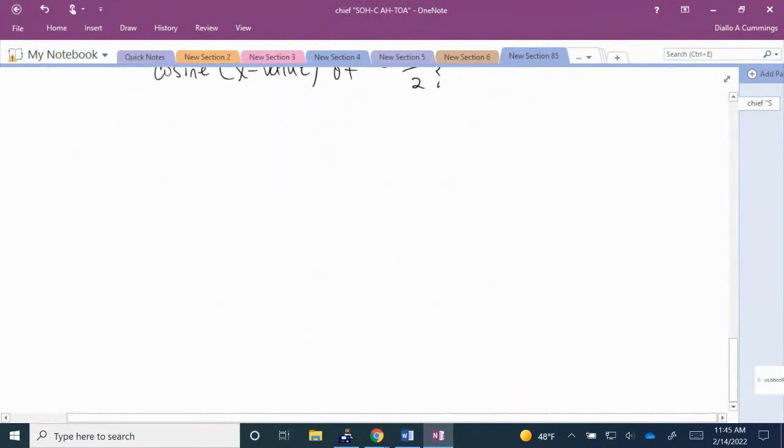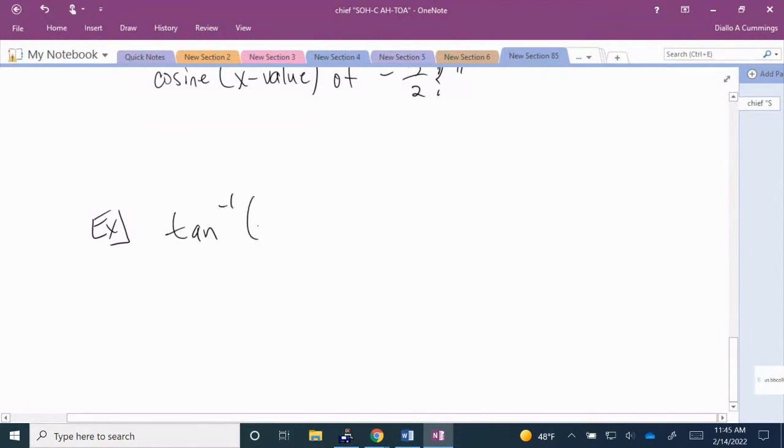Now here is an example for you to try. I would like for you to find the arc tangent of negative square root of 3.